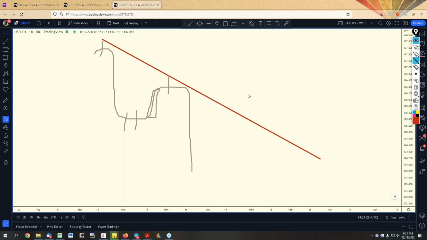Meaning if you're looking at a daily chart, there's going to be multiple daily candles here, a couple daily candles here, sometimes just 1 daily candle there, but it could be 2, 3, right? A couple, maybe 3 daily candles here, a few daily candles here, and then the rest daily candles here.